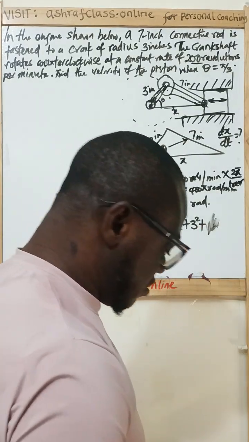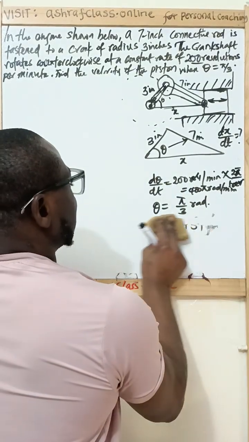Let me write down the formula of the cosine rule.